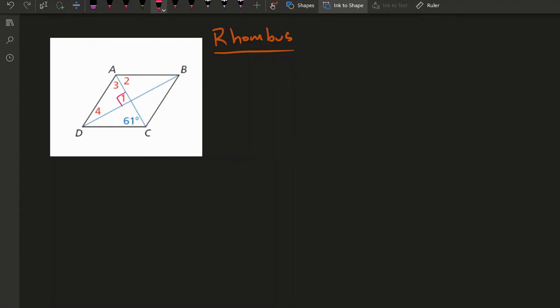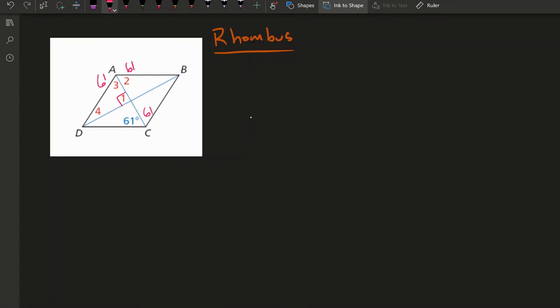The second thing that I know is that the diagonals bisect each other, so that means if this is 61, this is also 61. Since a rhombus is a parallelogram, opposite angles are congruent, and also opposite angles are getting bisected by the diagonal, so that means that 2 and 3 are also 61.